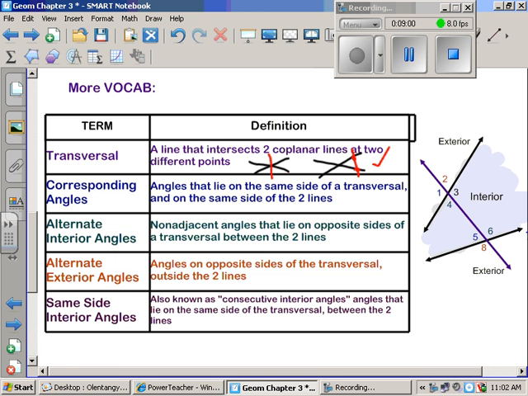So this one is the transversal. This one is not. Okay? Does that make sense? Because that's a really good OGT question. They'll give you pictures and say which one is the transversal. Well, it's not this one. This one. Okay? Yes. Okay.